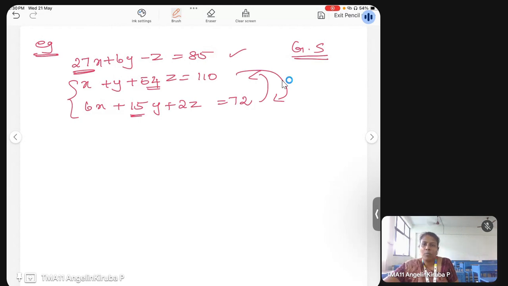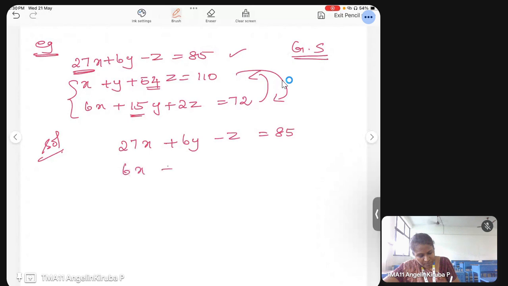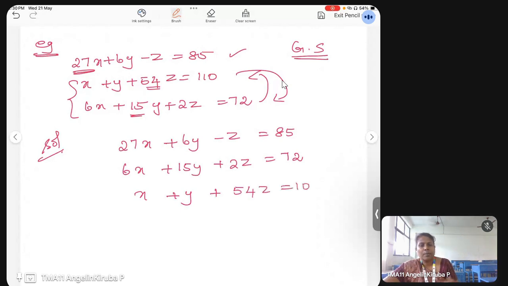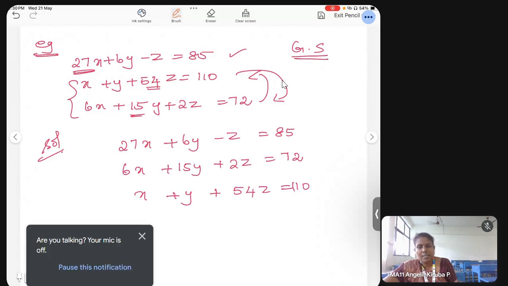Solution: since it is not in proper form, we will rearrange the equations. 27x + 6y - z = 85. 6x + 15y + 2z = 72. x + y + 54z = 103.